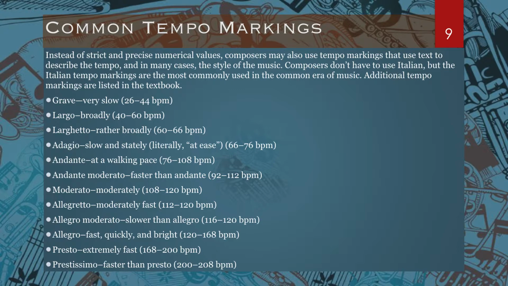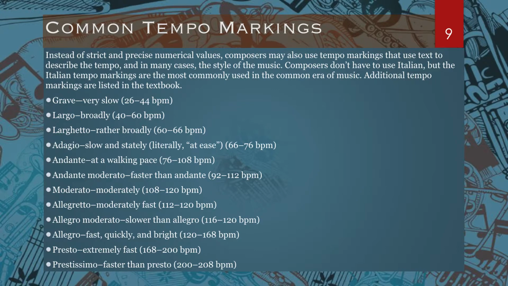So when you use one of these tempo markings, they often describe the style of music as well. You don't have to use Italian, but the Italian tempo markings are the most commonly used in the common era of music. There are also some additional tempo markings that I've listed in the textbook. But you can see that these various tempo markings have a range of metronome markings.